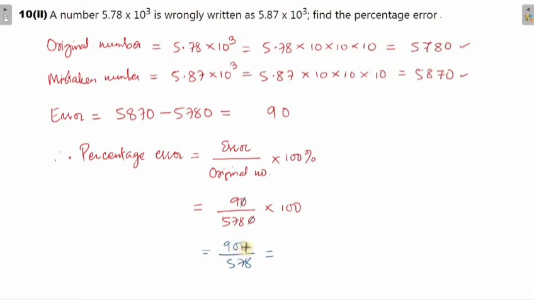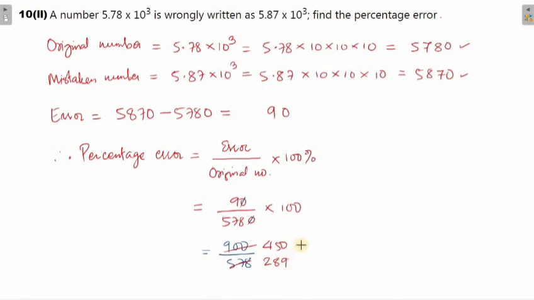So let me cancel with 2 now. 2 into 450, right? So you get 450. 2 2s are 4, 2 8s are 16, 2 9s are 18. So that's what you get: 450 by 289.